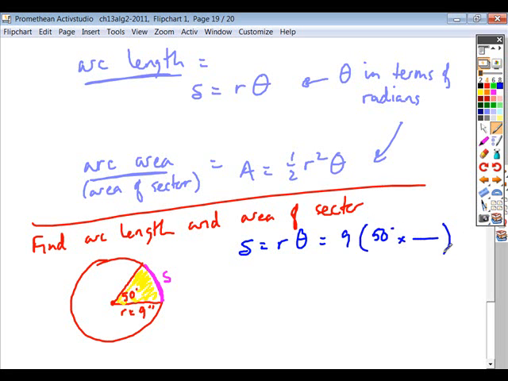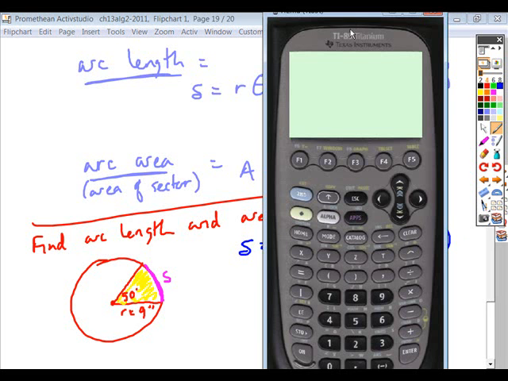So what is the conversion? 2 pi is equivalent to 360, or 1 pi is equivalent to 180. So pi over 180 is your conversion. And so if you're looking at this, you can now perform your calculation.